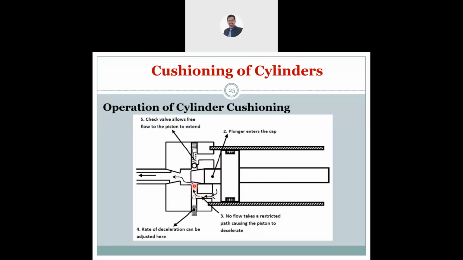So as long as the air enters, yang ni dia akan slow down. Kalau yang ni you dah tutup penuh, yang ni pun dah tertutup, so the air cannot escape anywhere. Then you will have a problem. So normally we will not close this fully. You still akan buka sikit. Faham tak macam mana cushioning happens?